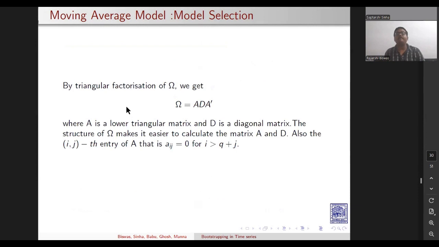By triangular factorization of omega, because of its structure, we get omega = A D A transpose, where A is a lower triangular matrix and D is a diagonal matrix. We also have that A_ij is 0 for i greater than q plus j.